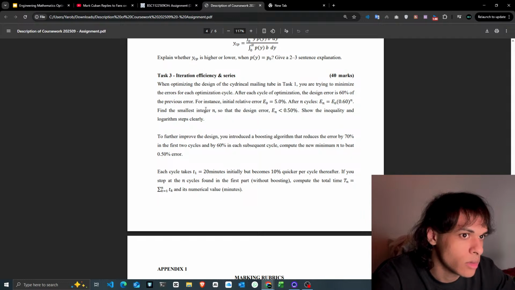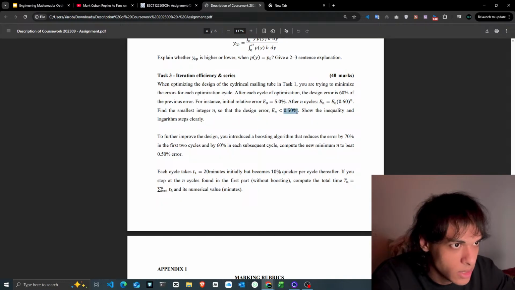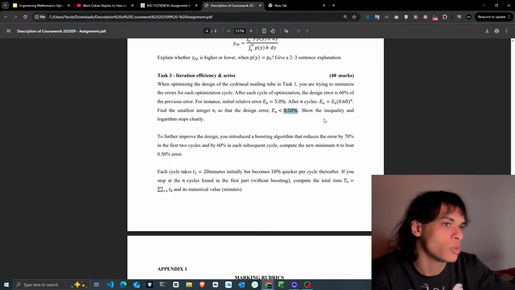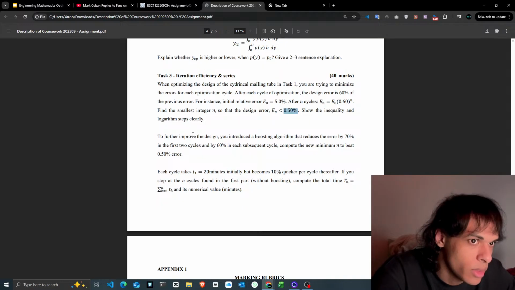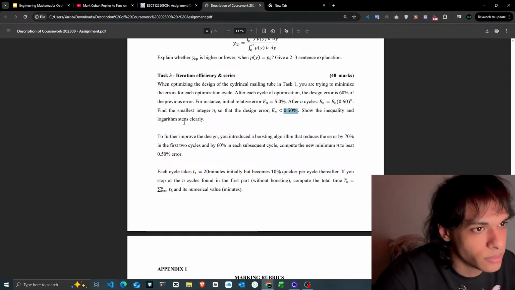Find the smallest integer n so that the design error, E_n, is less than 0.50%. Show the inequality and logarithm steps clearly.